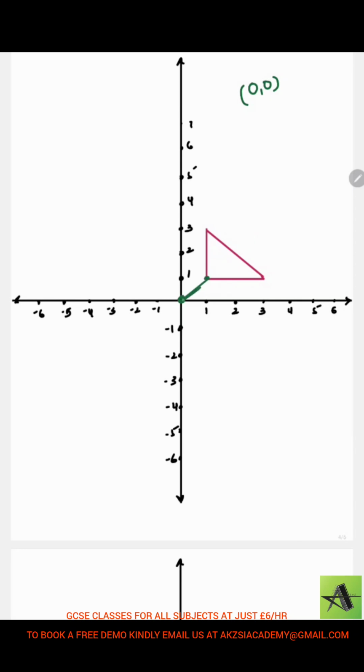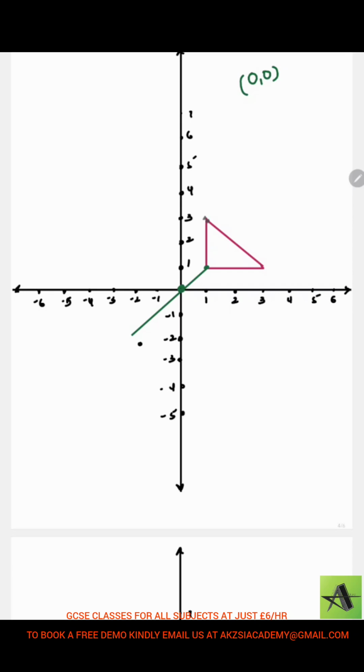So we have to multiply by our scale factor. The scale factor is -2 in this case. Multiplying this length, suppose it turns out to be 1 centimeter, then it would be 1 times 2, which is 2 centimeters, but in the opposite direction. So it will go somehow like this.